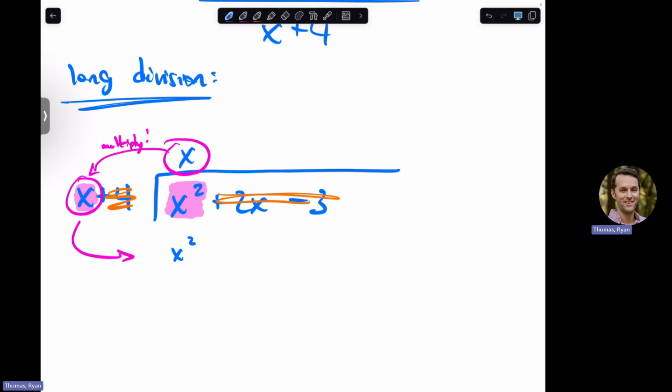X times x is x squared. Notice that these are identical. Those match exactly. That's good. That's kind of the whole idea, right? For reasons that'll become clear in a second. But now I'm going to stop completely ignoring the rest of it and do the whole multiplication. So x times x is x squared. What's x times 4?